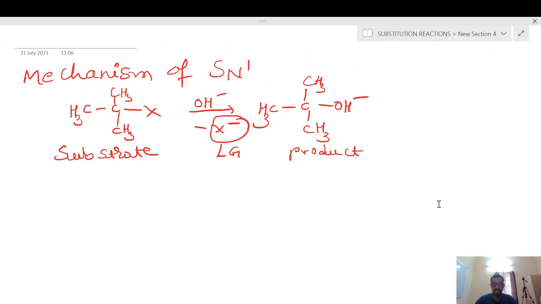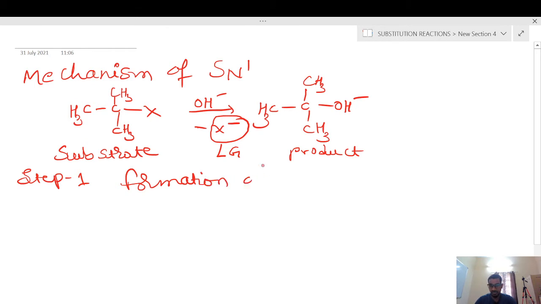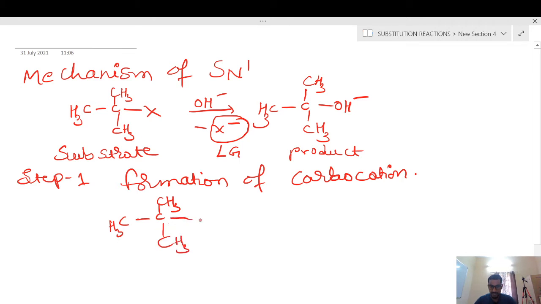Step 1 is the slowest step. Here, in step 1, what happens? Formation of carbocation. Very important in exams, they will ask formation of carbocation. How does it form? (CH3)3C-X, X minus will be lost.